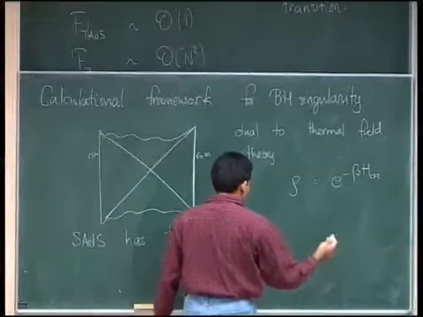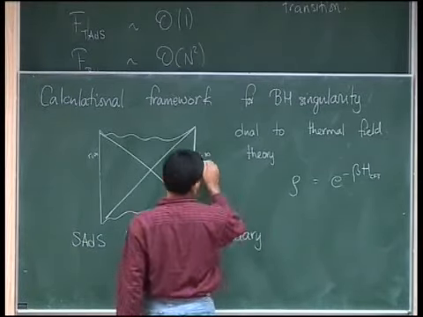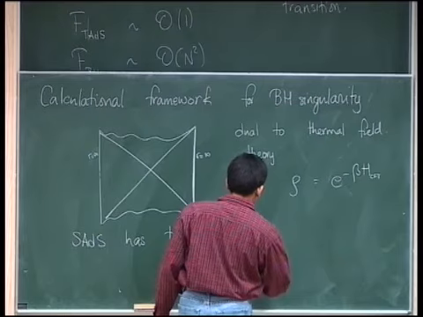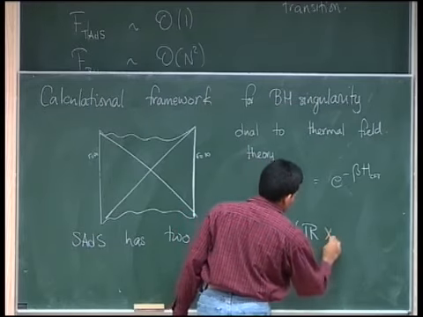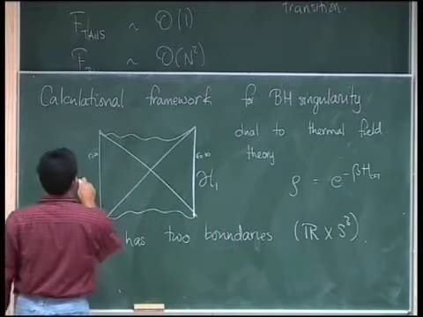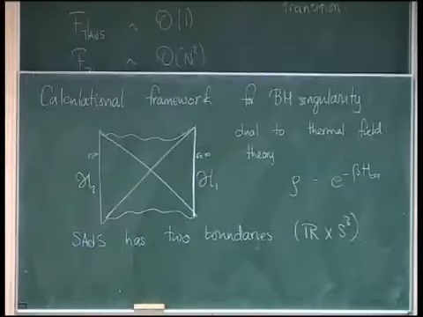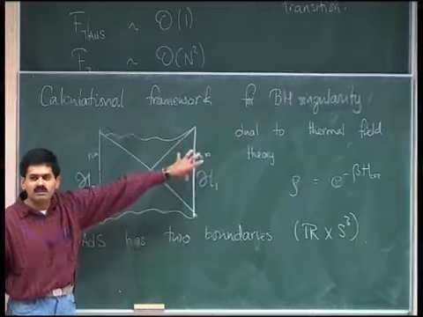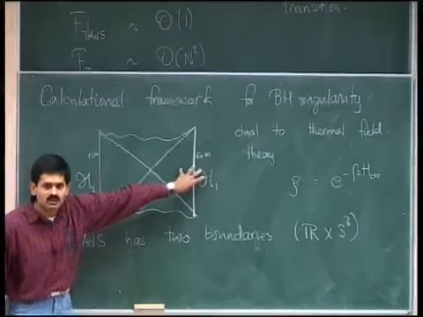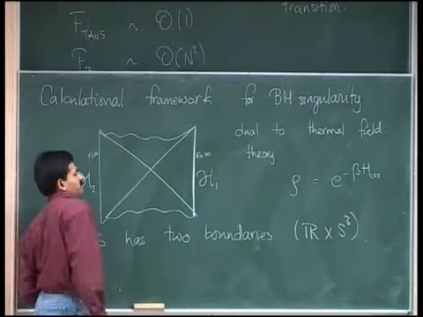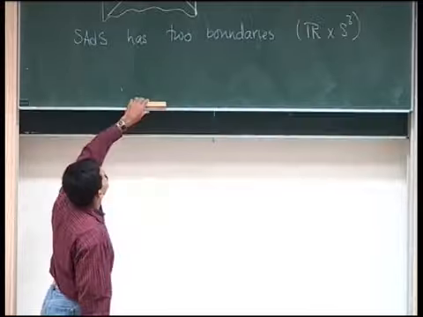They both in the Lorentzian geometry time cross a 3-sphere. And I imagine that on this boundary, which I'll call boundary 1, there is a Hilbert space of the conformal field theory, and on boundary 2 there is an identical Hilbert space of the same conformal field theory. Okay? Nothing wrong in that.